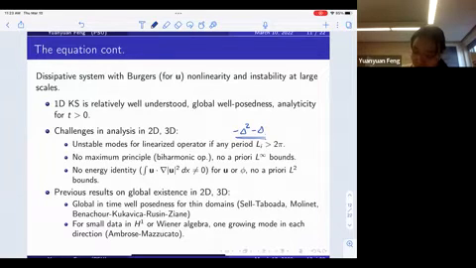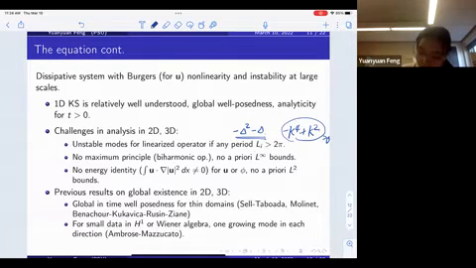Because if you expand this operator in each Fourier frequency, you can see that this is going to be minus k to the power 4 plus k squared. So if k is small, then this should be positive, so this may result in exponential growth when Li is greater than 2 pi.